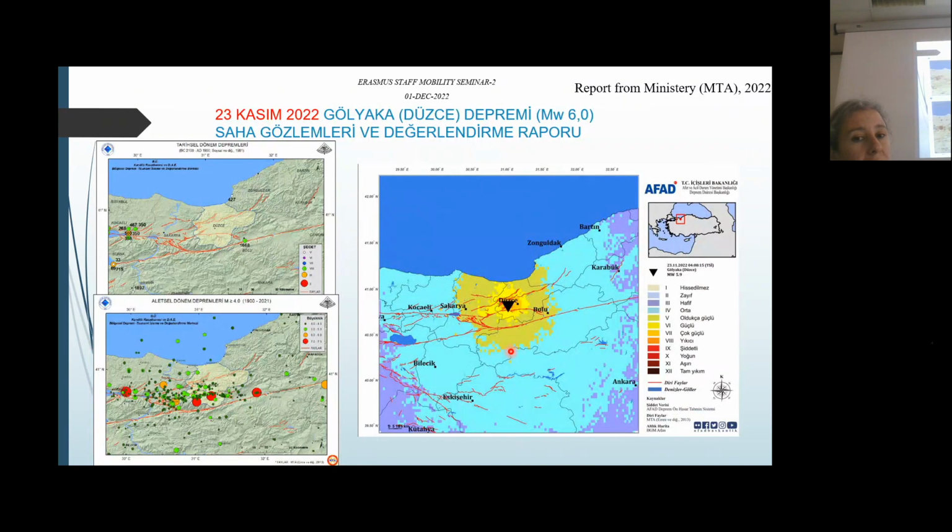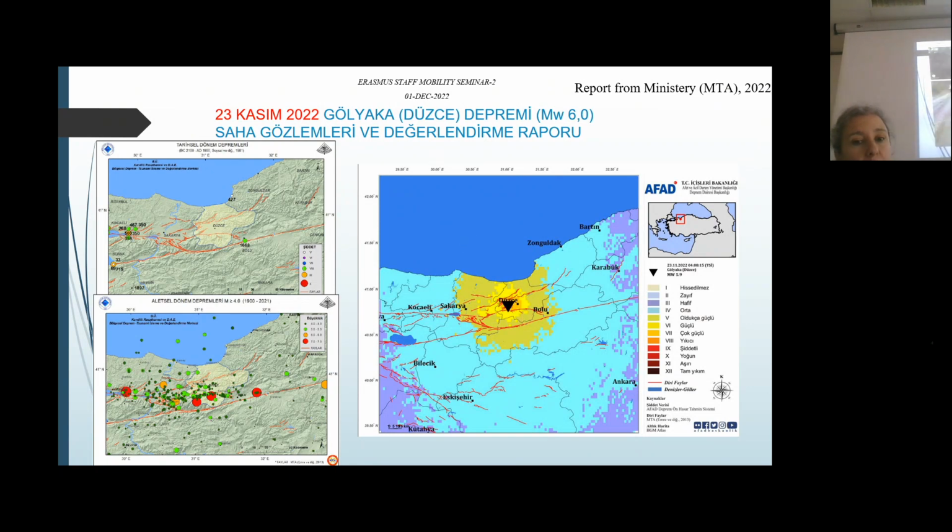So here you can see the intensity distribution for this range. It is also interesting because people from the eastern part, even the western part, all felt the same earthquake, because it's a very shallow depth earthquake, but we couldn't solve this.